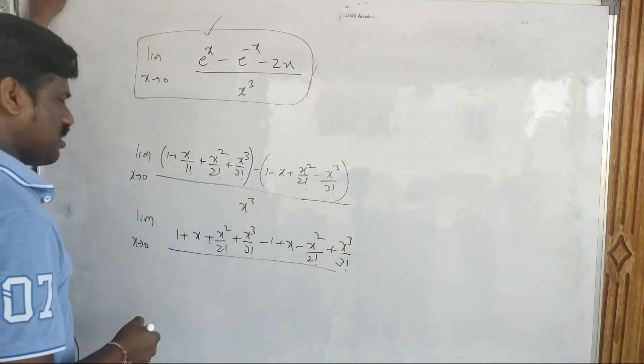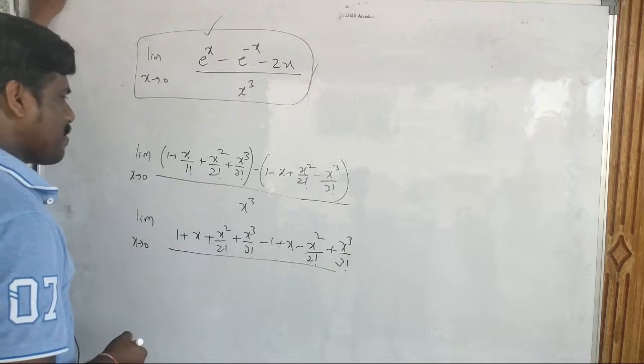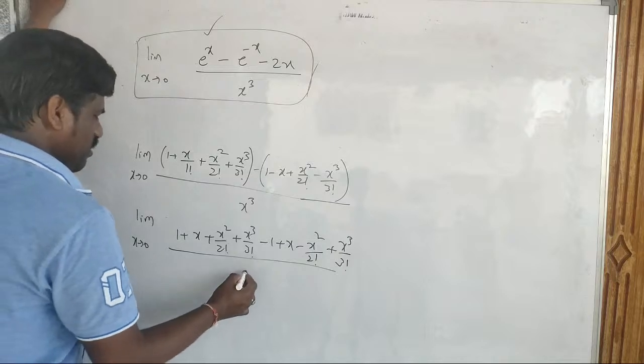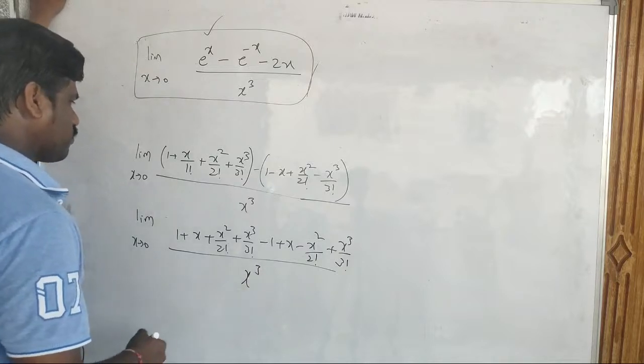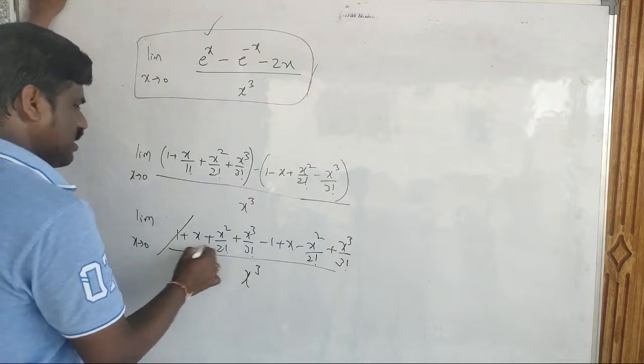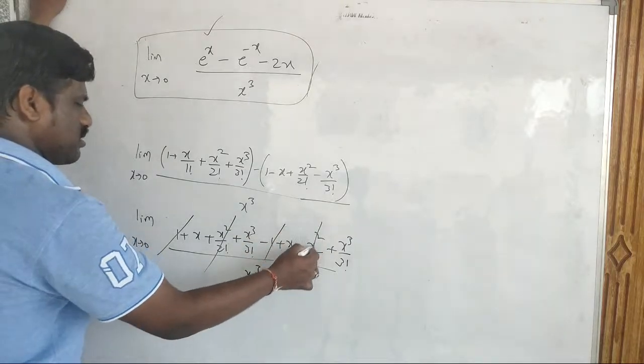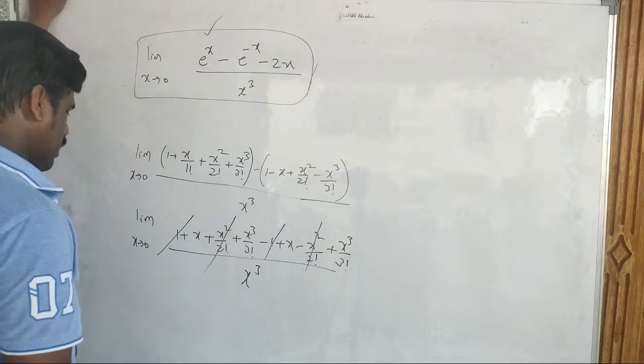Am I right? Then divided by x cube. This plus 1 and this minus 1 cancel out, and x square by 2 factorial cancels with x square by 2 factorial.